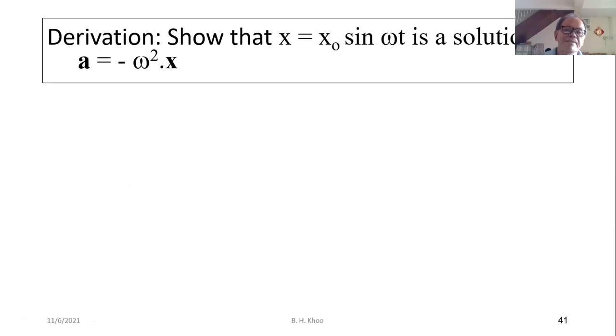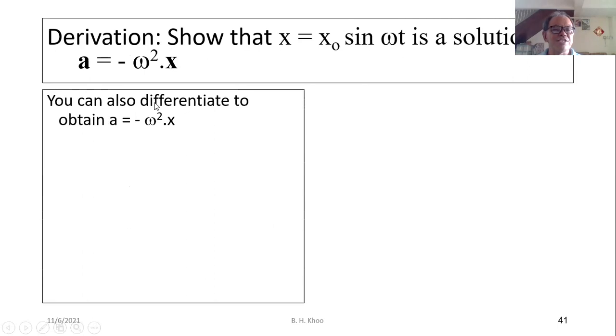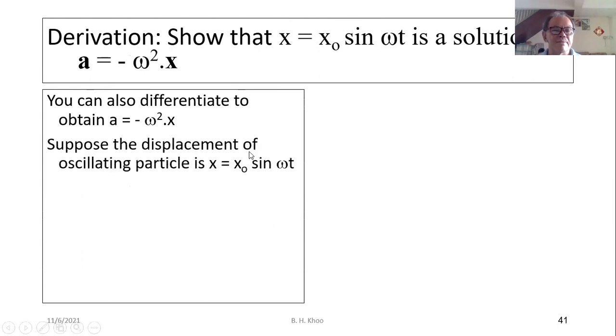Okay, let's derive it. Let's show that x equals x naught sine omega t is a solution to this differential equation. We start by supposing that is the solution.